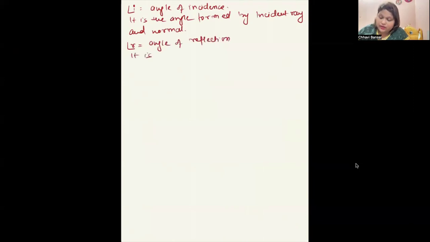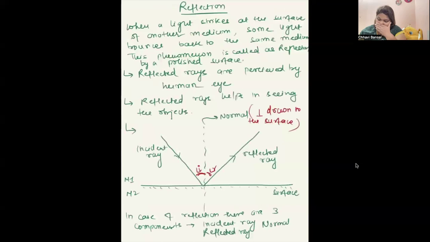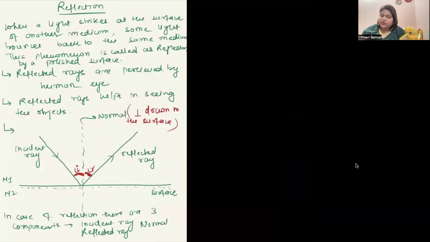It is the angle formed by the normal and the reflected ray. Like for example here, this is angle R. The normal and reflected ray have formed this angle, and angle I is the angle formed by the incident ray and the normal. Okay.